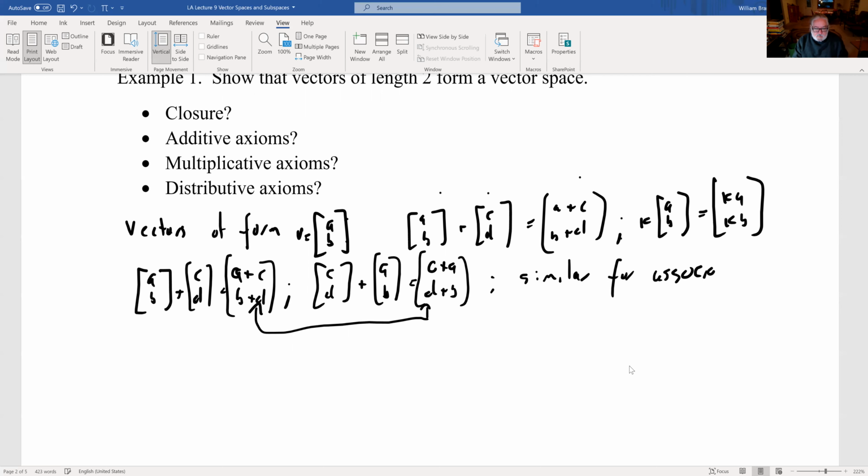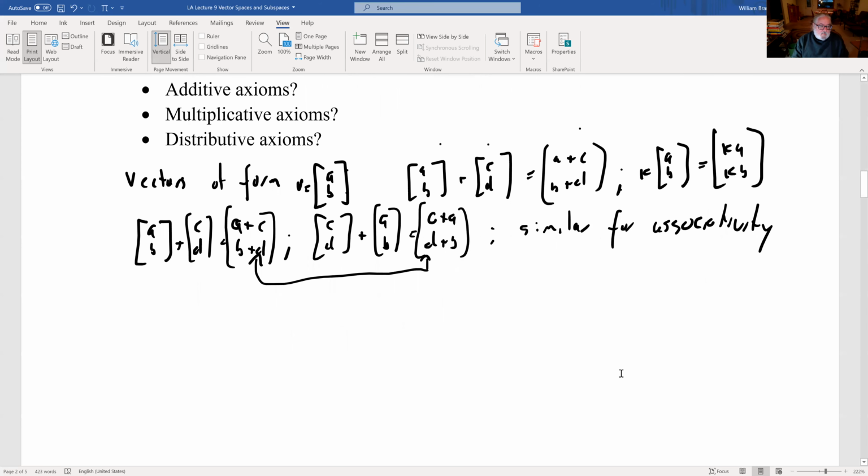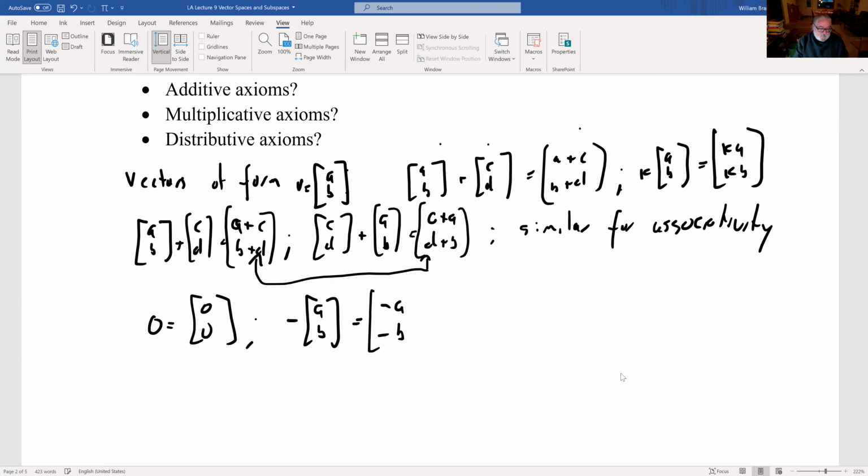And I'm not going to go through associativity because it's just the same thing. The 0 vector is (0, 0), and that plus any vector gives you the vector itself. The inverse to a vector (a, b) is the vector (minus a, minus b). And that's the same thing as minus 1 times that vector.